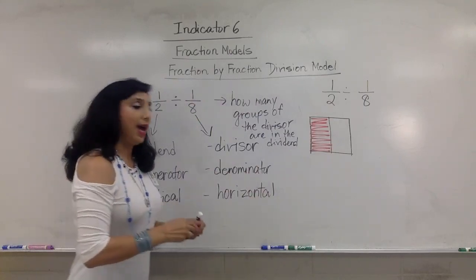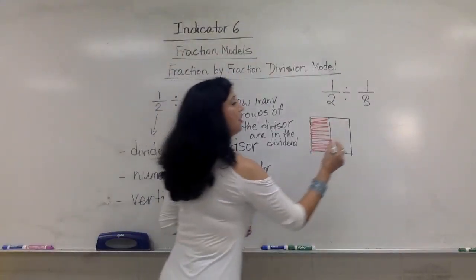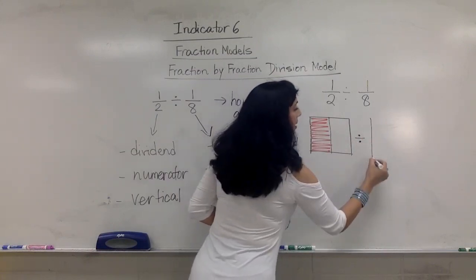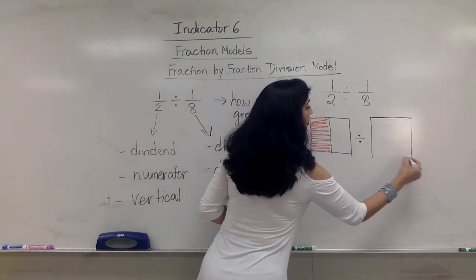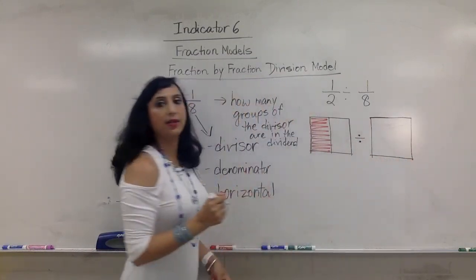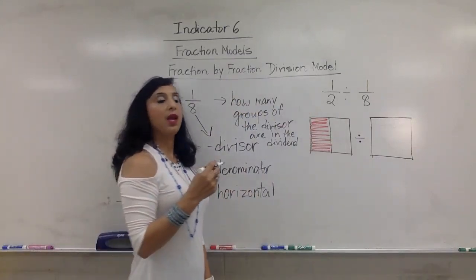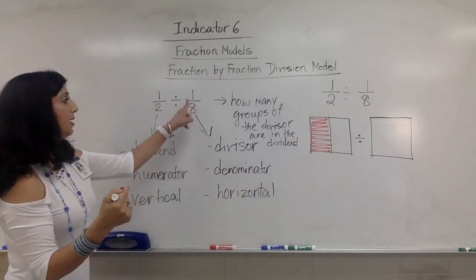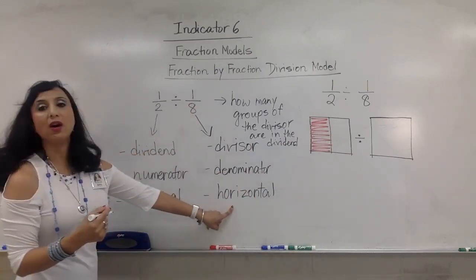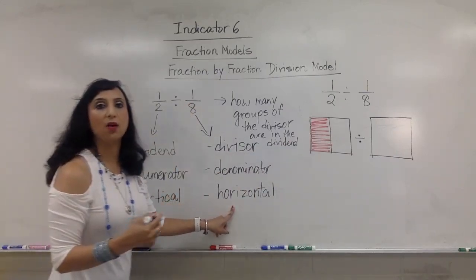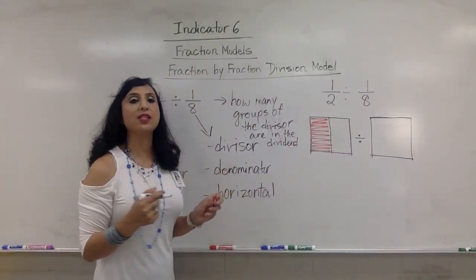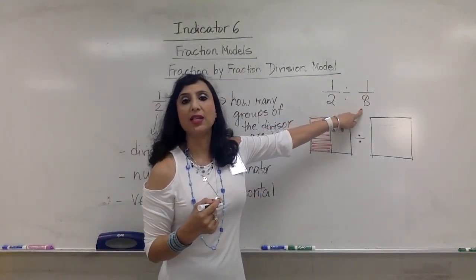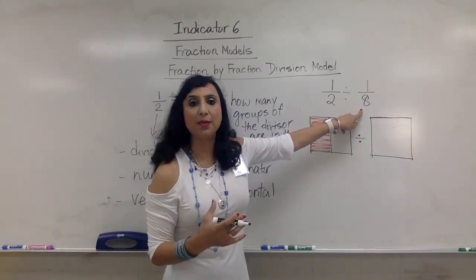Then I am going to color in half of this. Then I am going to divide this by 1/8, so I'm going to make another rectangle. As I said, the divisor I'm going to split horizontally. Because it's 1/8, you always look at the denominator, and the denominator is telling you that there are 8 parts.